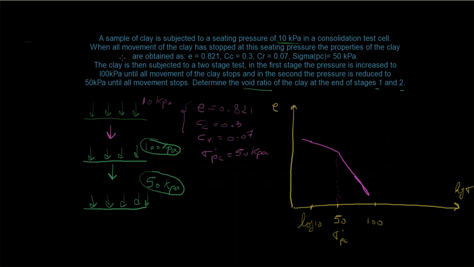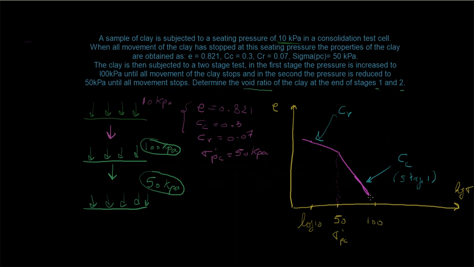The slope of this line would be CR, and the slope of this one would be CC. We cannot get to 100 directly because we're passing through the pre-consolidation stress value, so we have a transit zone. We change from recompression to compression.